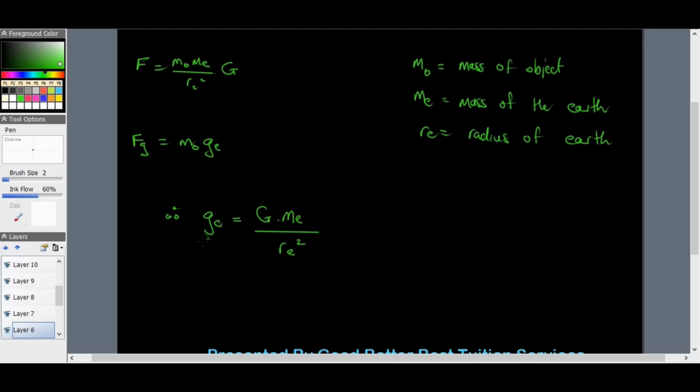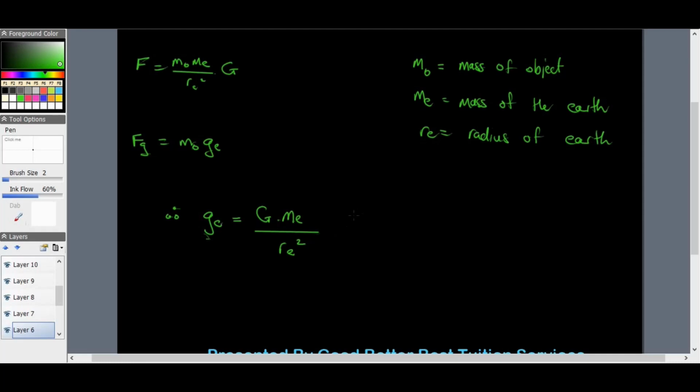So it doesn't matter if it's a big rock or a little rock, a feather or a brick. They all fall at the same acceleration, 9.8 meters per second squared on Earth. This formula can now be used to calculate the value of gravity on any planet, as long as the mass and the radius of that planet are known.